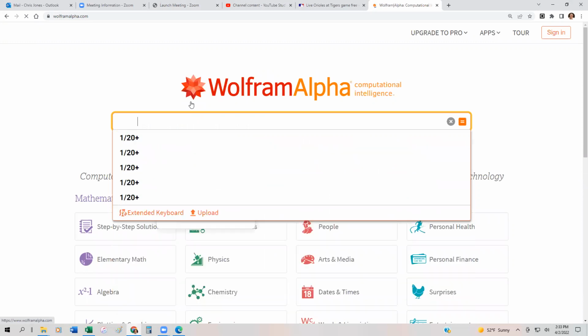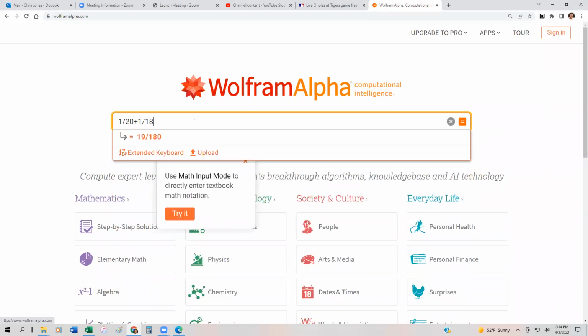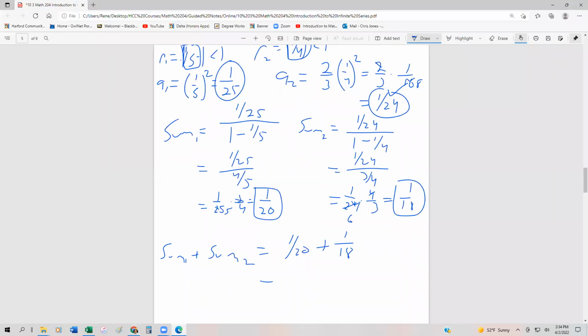So 1/20th plus 1/18 is 19/180. Should have known it was going to be something with 180 in the denominator because it always is. And that's the sum of the entire series. So keep that in mind that you can still use Excel to check this.